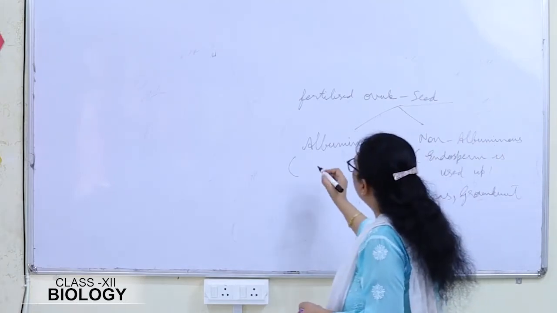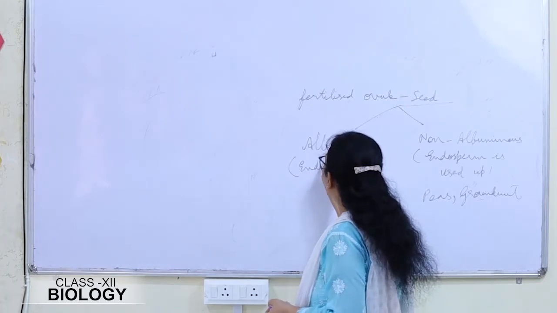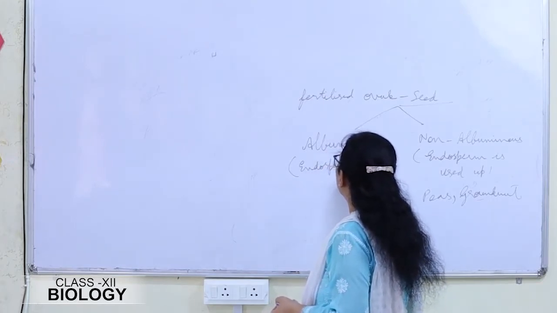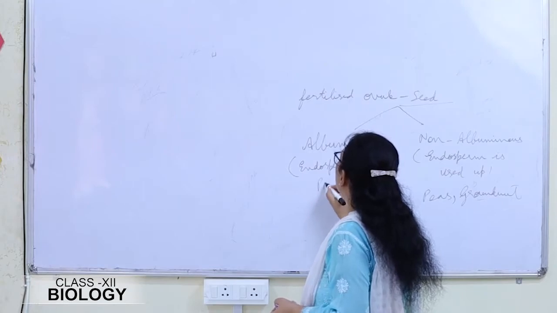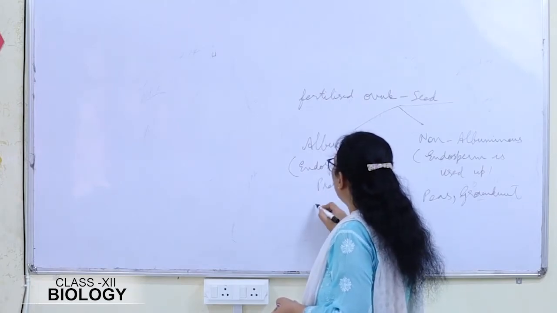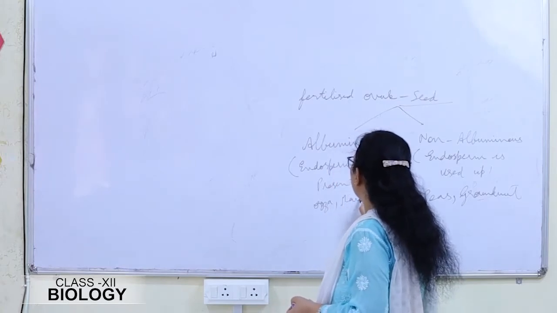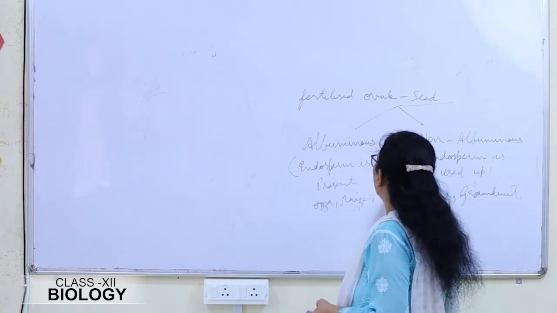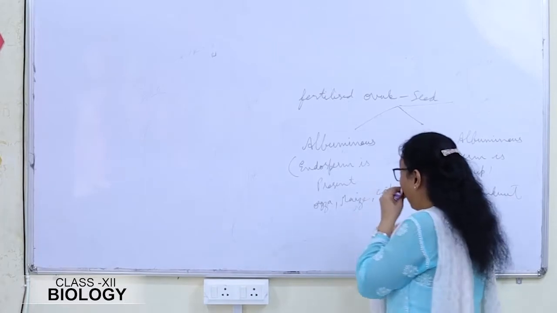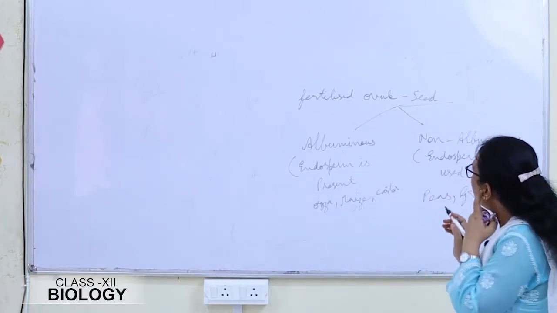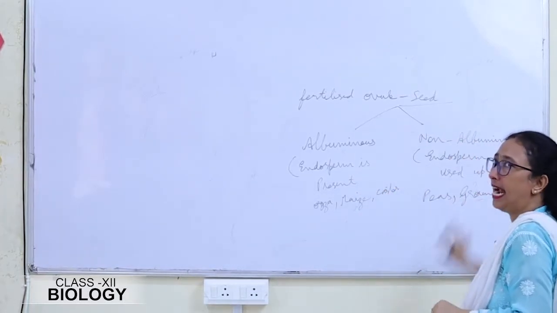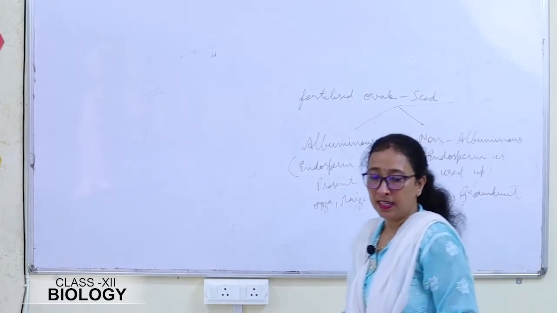In albuminous seed, endosperm is present, like in rhiza, maize, castor. Endosperm will remain. So based on that, seed is divided into two, albuminous seeds and non-albuminous seeds.